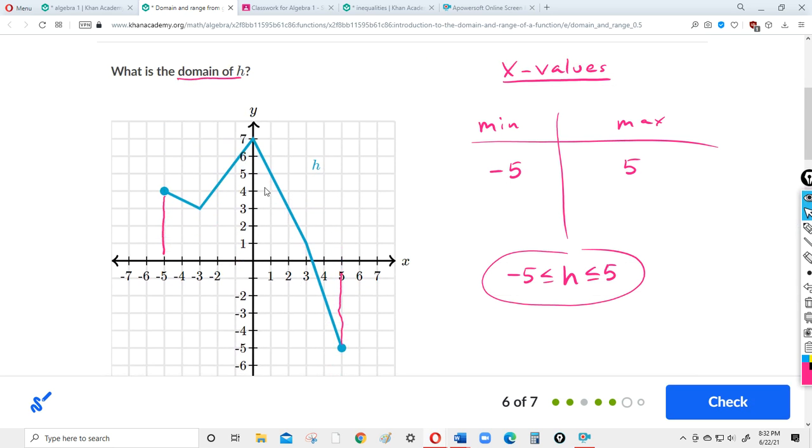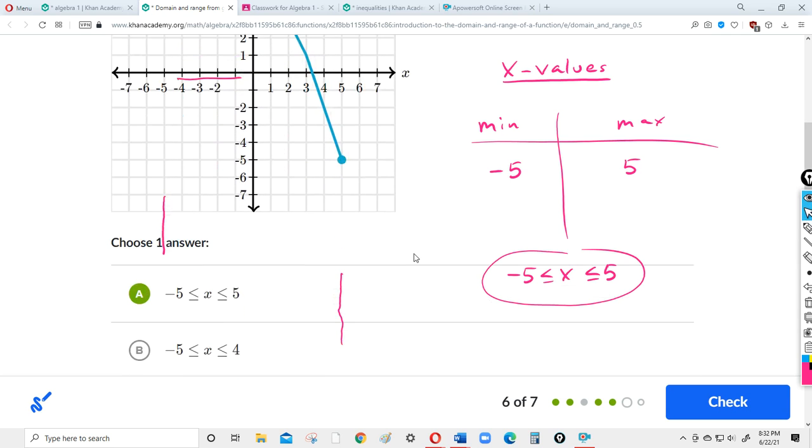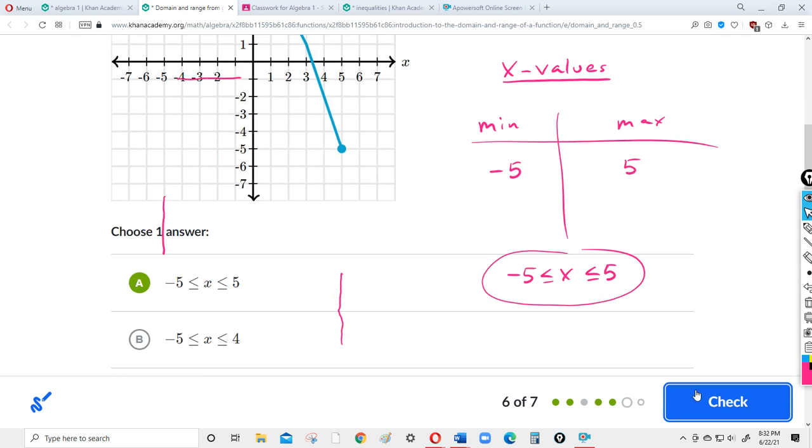I'm sorry. When they refer to domain, the x values, instead of h, they use x. So that's going to be an x. Answer A.